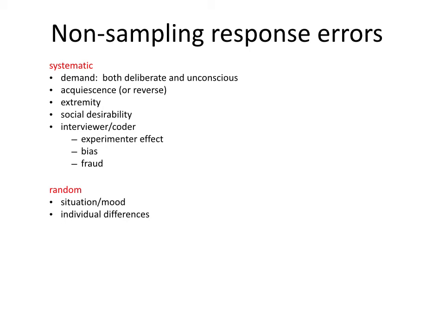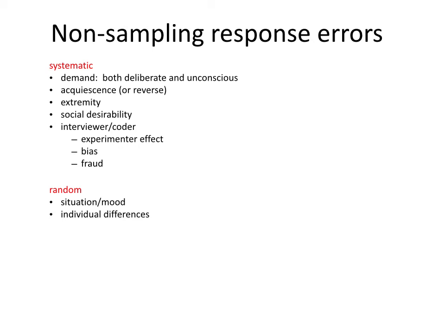So questions that may reflect intelligence or reasonableness or attractiveness or success are often going to be answered in ways that exaggerate one's true reasonableness or attractiveness or intelligence or success, simply because of social desirability. As an interviewee, I want to make myself look more socially desirable.